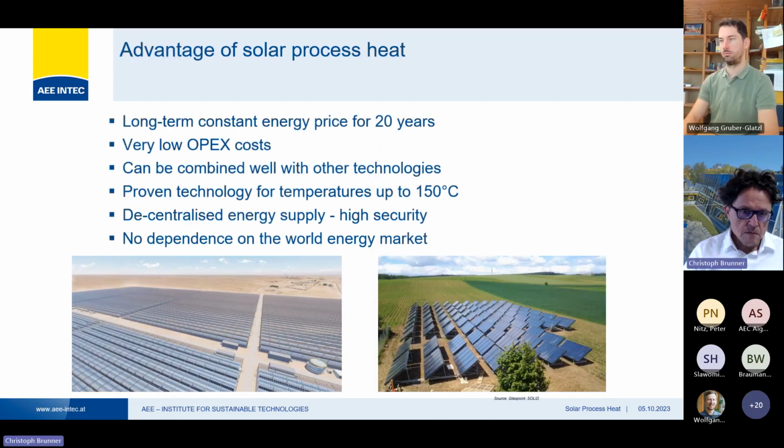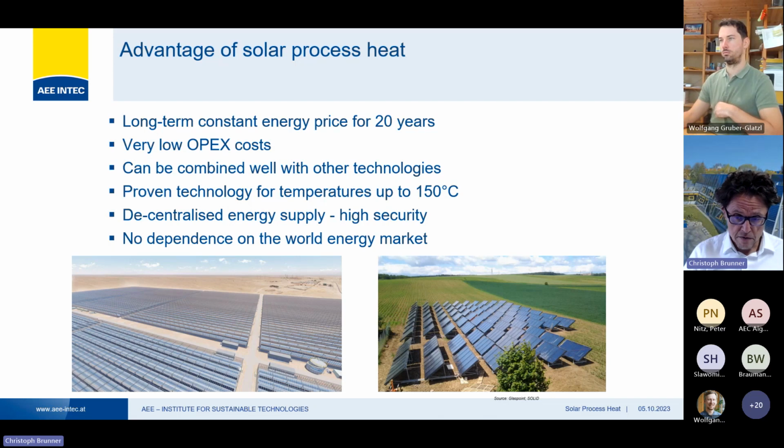Coming already to my last 2 slides, I just want to summarize shortly what the advantages of solar process heat are. On the one hand, of course, a long-term constant energy price for about 20 years. So you invest once, and then you can really calculate with a constant energy price. Very low OPEX costs, especially if you are operating with non-concentrating systems.